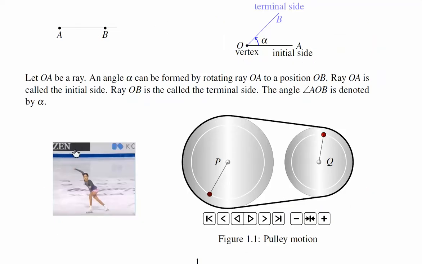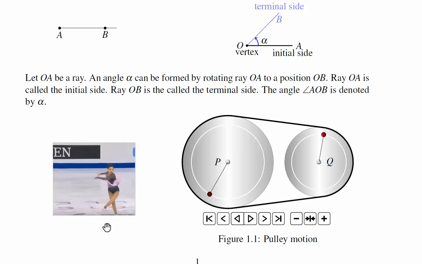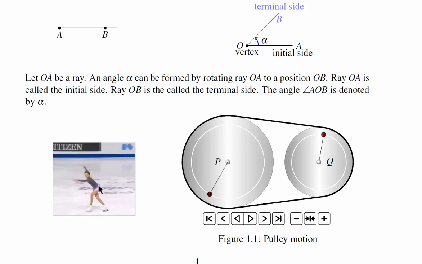You see in sport, an athlete can rotate one circle, two circles, or three circles. You can see this one. You can count three circles.